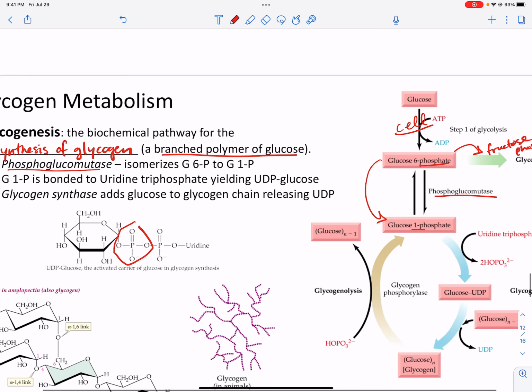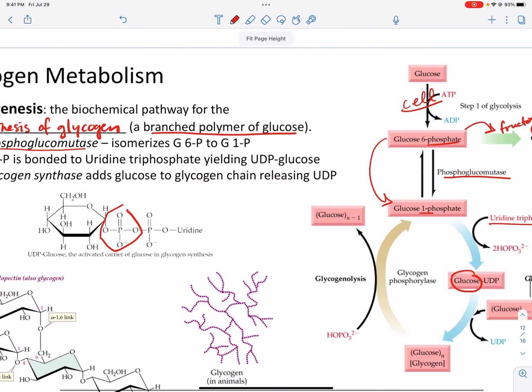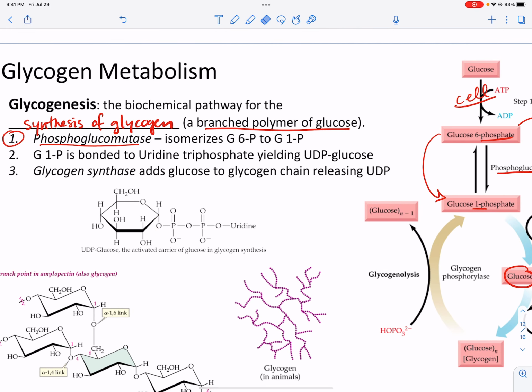And the reason we're going to do that is because we're getting ready to attach it to uridine triphosphate, very similar to ATP, adenosine triphosphate, but it's uridine, a different base. UTP is a triphosphate, and we're going to take off 2 of those phosphate groups, as you see here, and then link up glucose to it, and so we call it UDP glucose, which is this whole molecule right here.